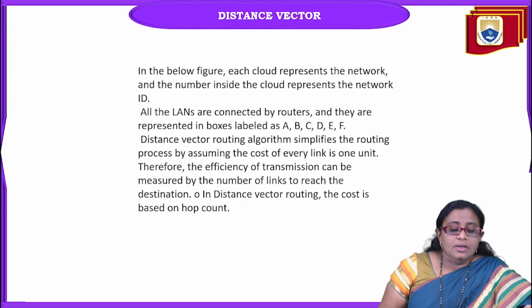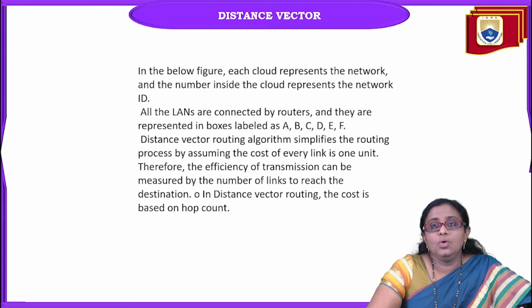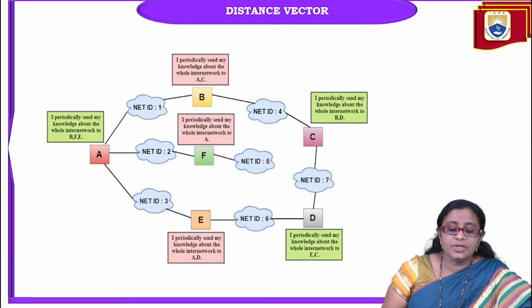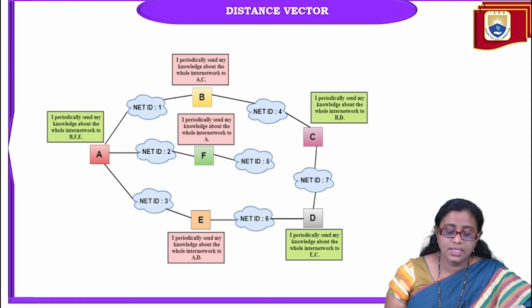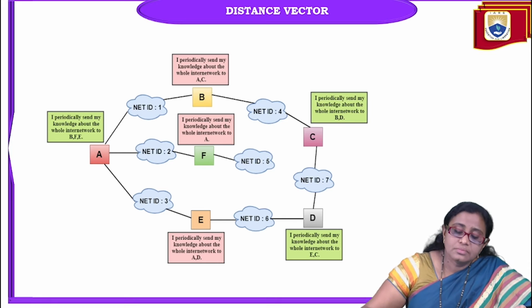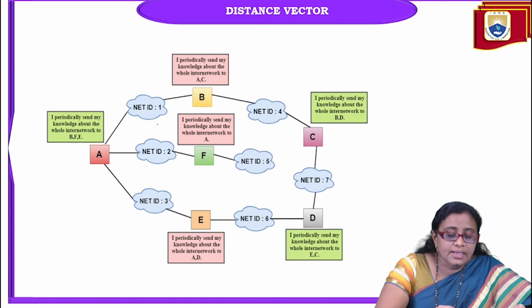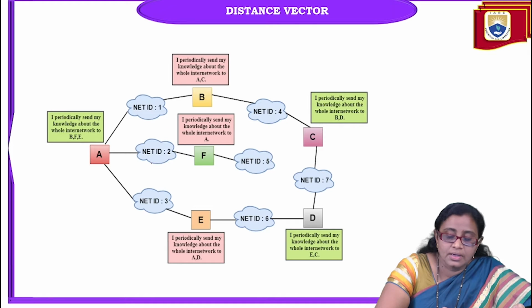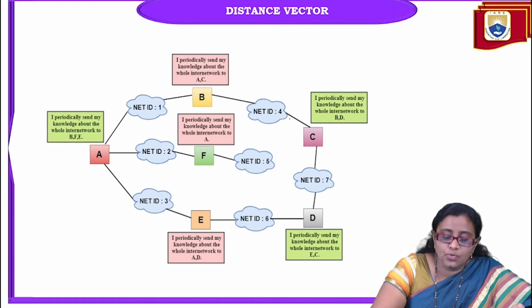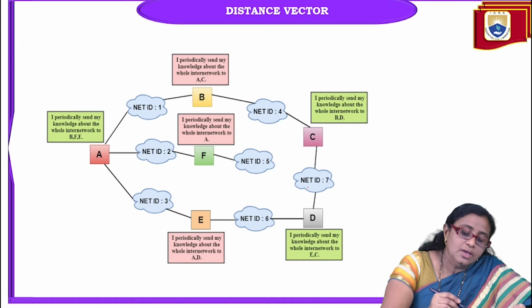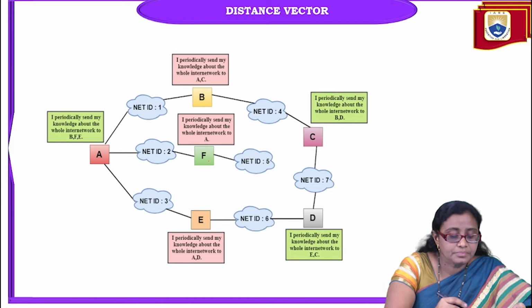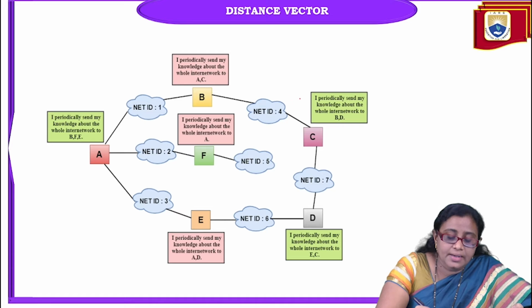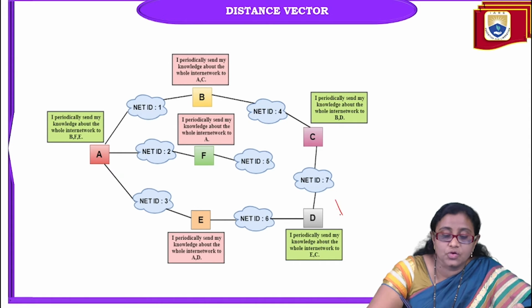Coming to the next point, in the below given figure we have to identify the nodes, which are situated like A, B, C, D, E, F. All of these contain some net IDs: net ID 1, net ID 2, net ID 3, net ID 4, net ID 5, 6, 7, and all of these are connected with A, B, C, D, E, F. Every subnet or every host will be connected by means of a router.